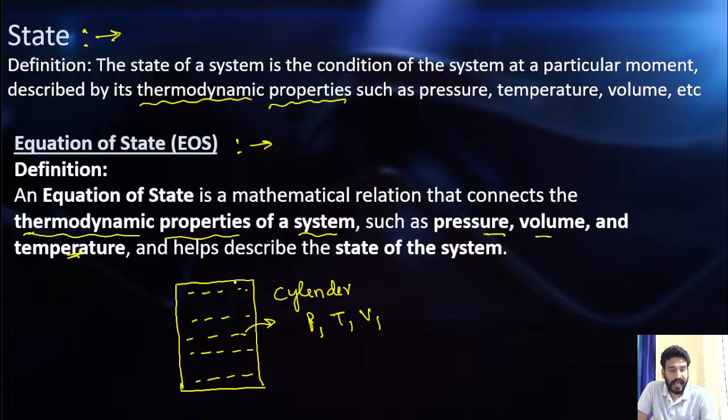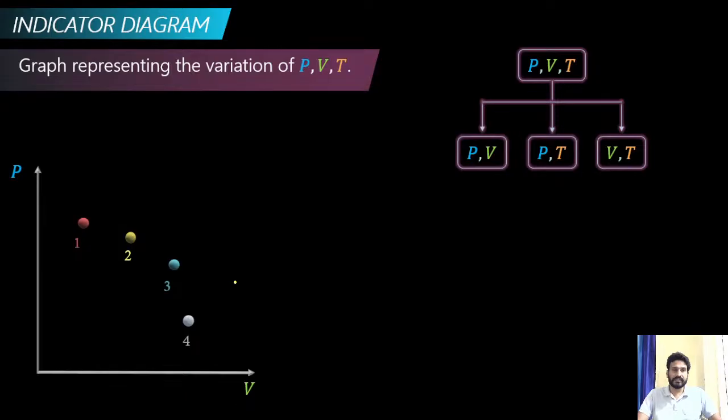So now we should build a relationship between P, V, and T. Is it clear to you? So at a particular moment, there should be a specific value of P, V, and T. Is it clear to you?